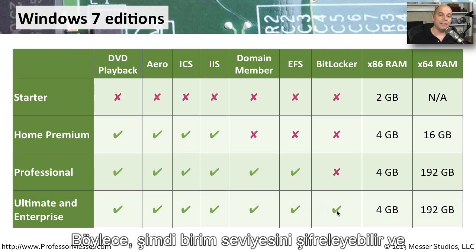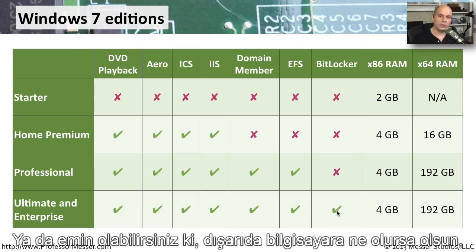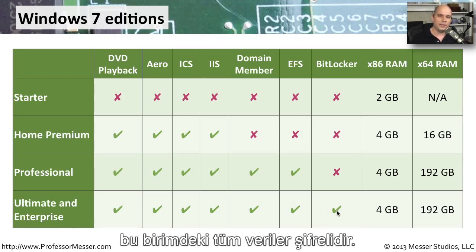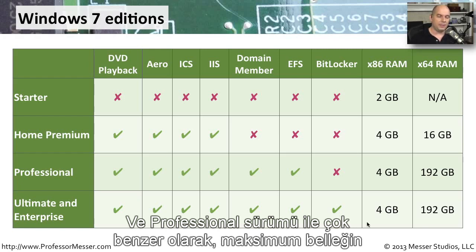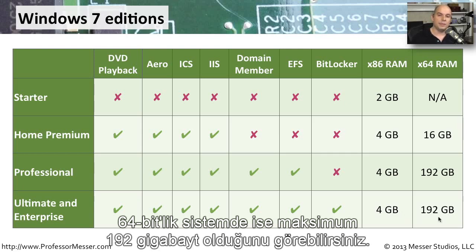So now we can have that volume level encryption and protect those devices that happen to go outside of our environment, or we just want to be sure that all of the data on a volume is encrypted no matter what happens to that computer. And you can see that the maximum memory, very similar to the Professional version, is 4 gigabytes for a 32-bit system and a maximum of 192 gigabytes for a 64-bit system.